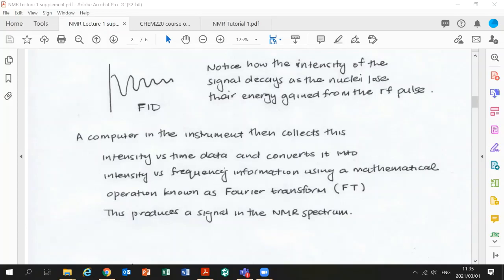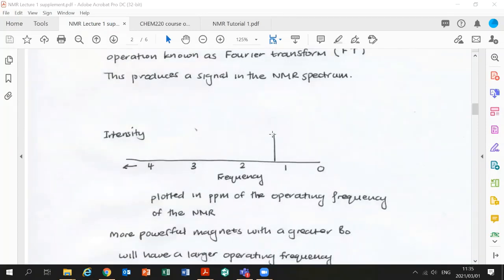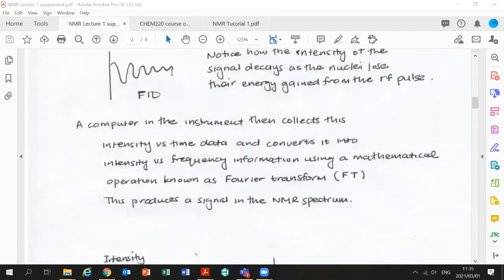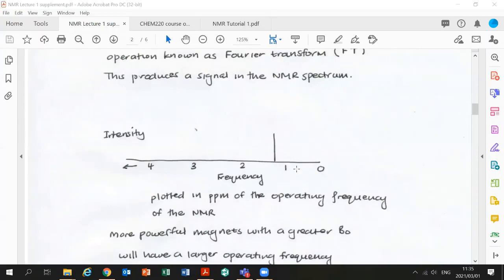And that frequency data is related to the energy that's needed to flip from the alpha state to the beta state. And this frequency is actually what we plot onto the NMR spectrum. So we're not plotting the time data like this. We're using a calculation, and we're going to now plot that onto this graph.